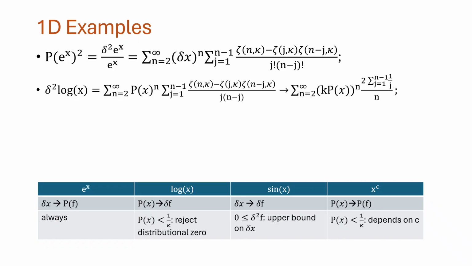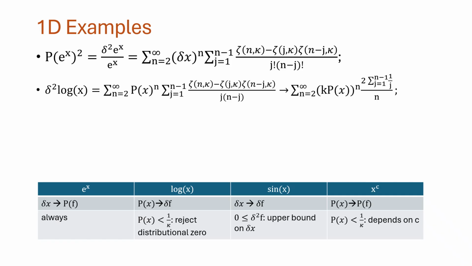Now, for the logarithmic, we have this formula, right? When n equals infinity, we approach this formula, right? And we know this sum is log n. So this is the limited value. So the convergence is determined by 1 over k.